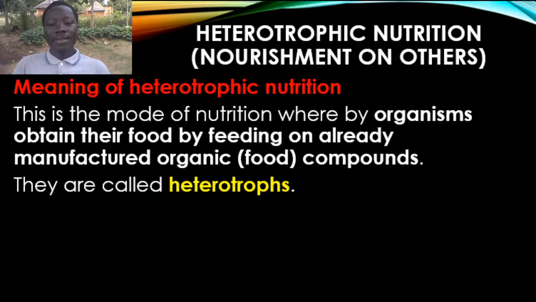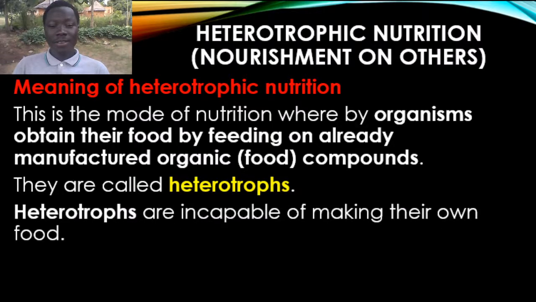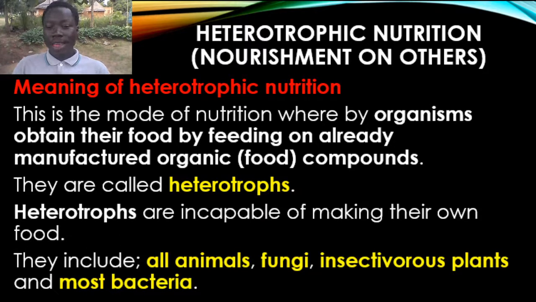And the organisms that carry out this process are called heterotrophs. And heterotrophs are incapable of making their own food. That is why you cannot make your own food from within your body. You can't. They include all animals, fungi, and insectivorous plants. You know, insectivorous plants are those plants that feed on certain insects.